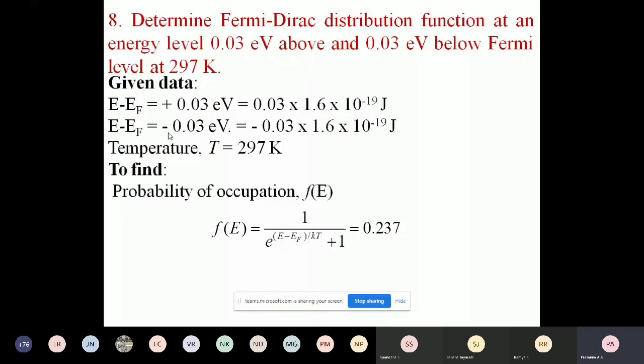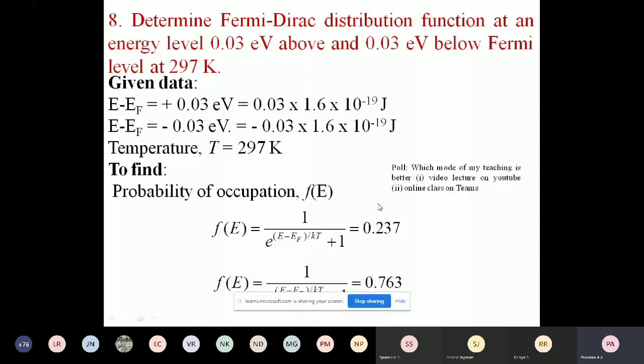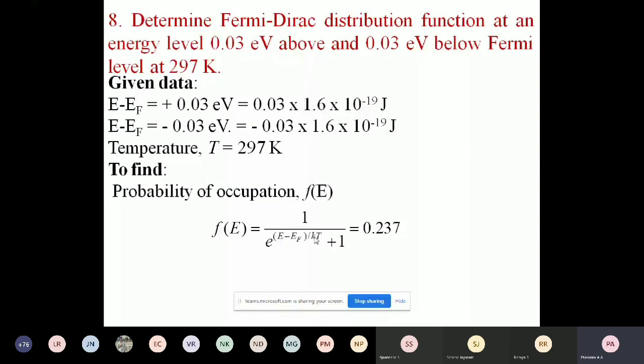By taking E minus EF as positive 0.03 electron volt, and by substituting K, the Boltzmann constant, 1.38 into 10 power minus 23 joule per Kelvin, T is given, E minus EF is here, substitute those values and get this answer, 0.237.